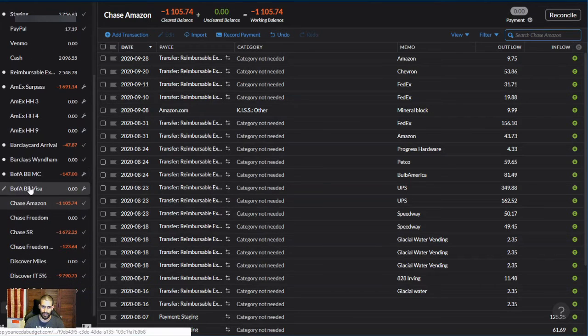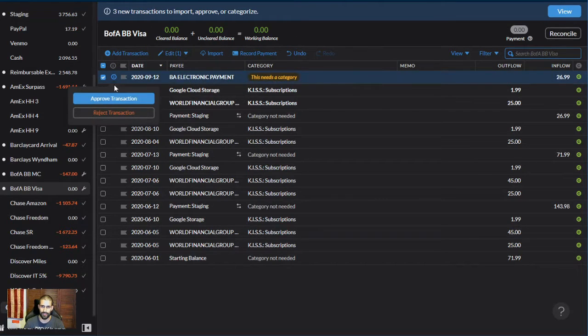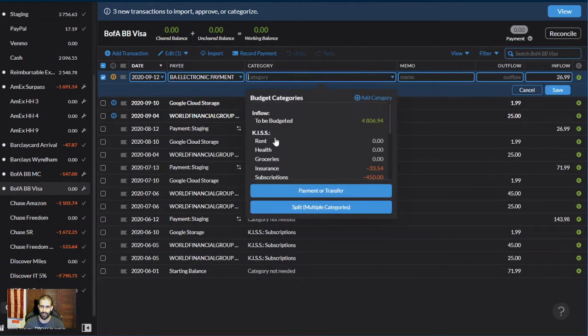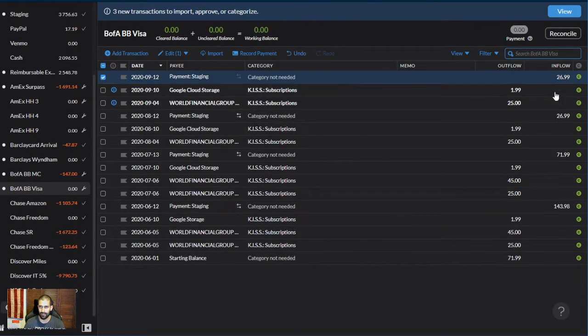Since YNAB's been acting up lately, it's been kind of causing me to think about changing the software that I use, because it's getting pretty annoying. Like, one of the accounts doesn't automatically import. And that kind of defeats the whole purpose of the budget, sort of.